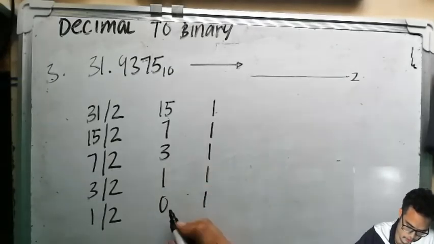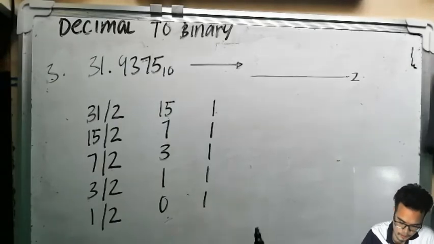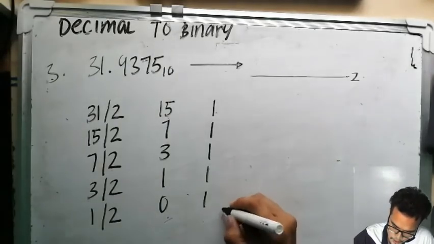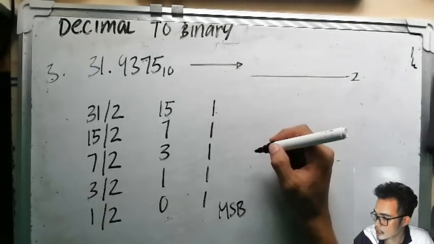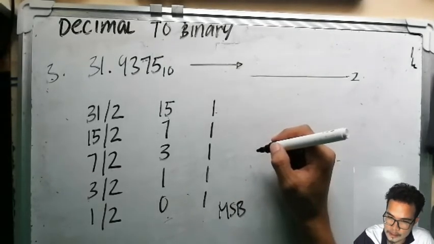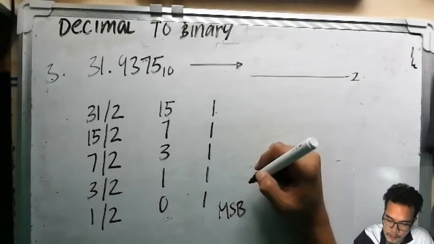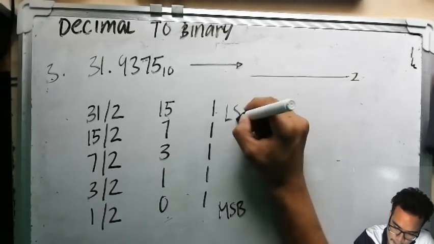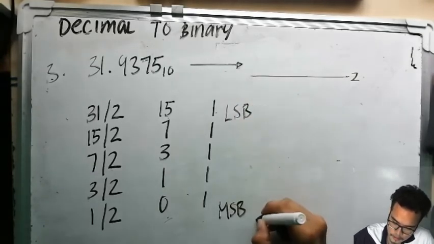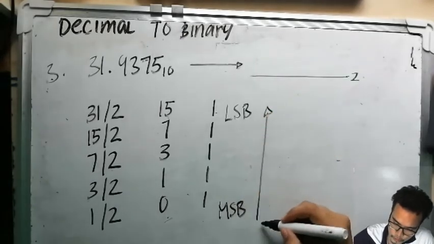Since the quotient is equal to 0, stop the iteration. This is now our MSB. Sometimes MSB is called MSD, or most significant digit. MSB stands for most significant bit. Then this is our LSB. Then write from bottom to top.